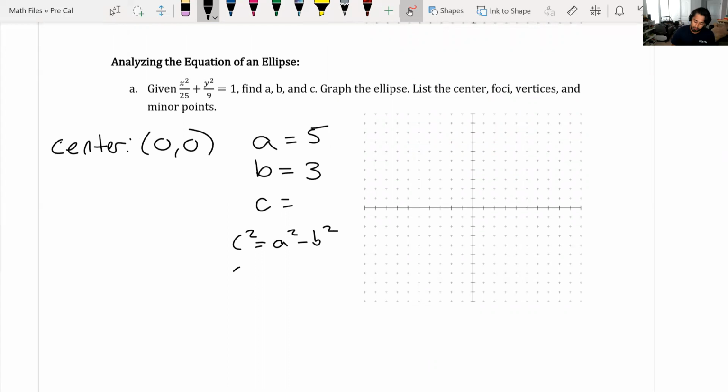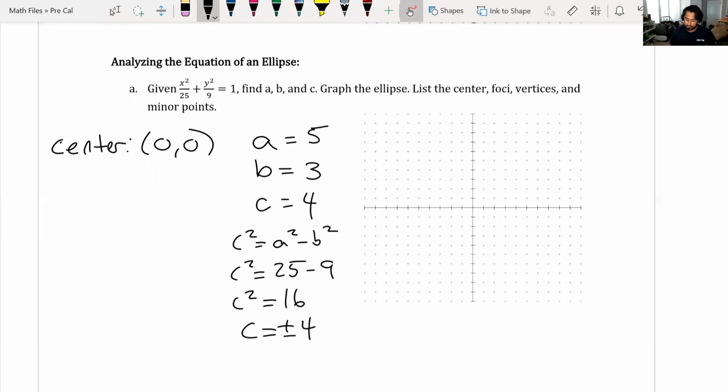And plug in what you know. c squared is going to be 25 minus, what do we have? b squared, which is 9. That will give me c squared equals 16, and c is plus or minus 4. So all we really need to say is 4.